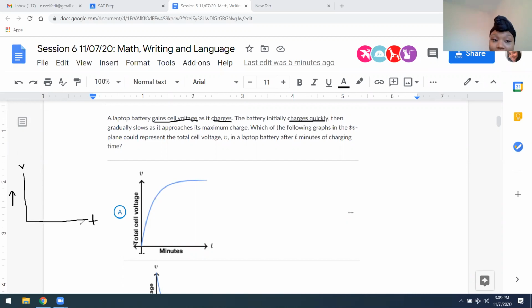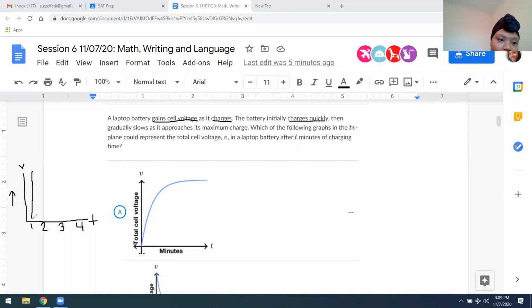Time is the horizontal axis. So it's going to go up like this. If this is 1 minute, 2 minutes, 3 minutes, 4.